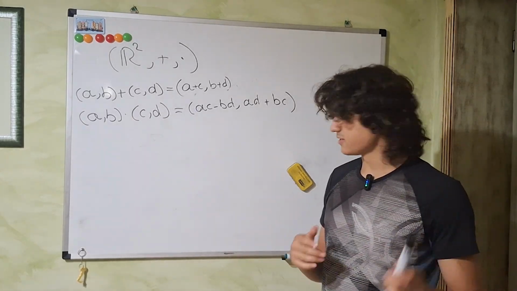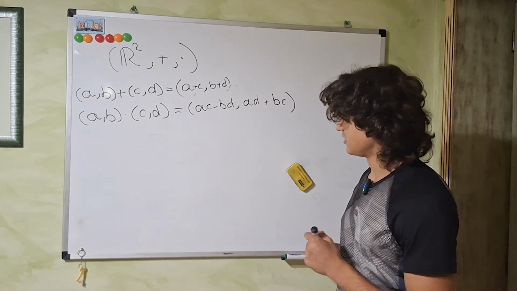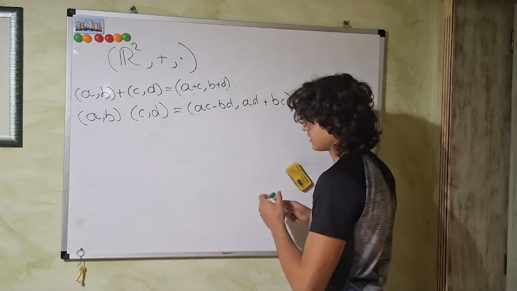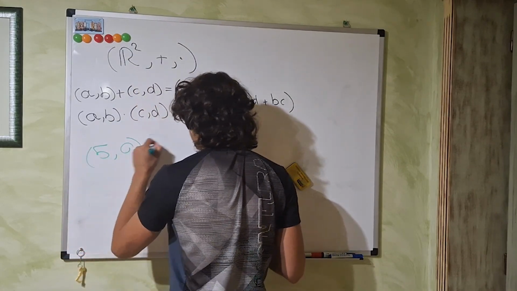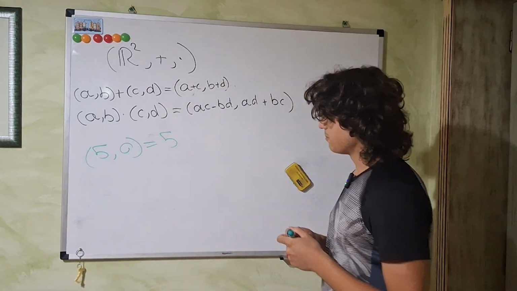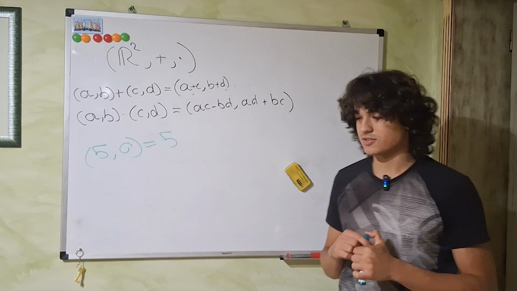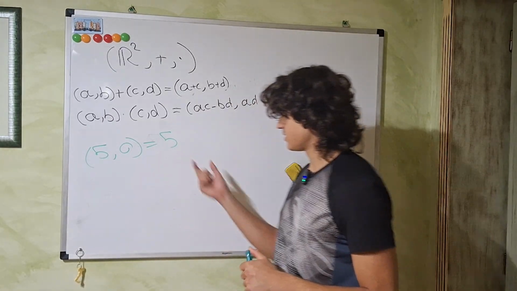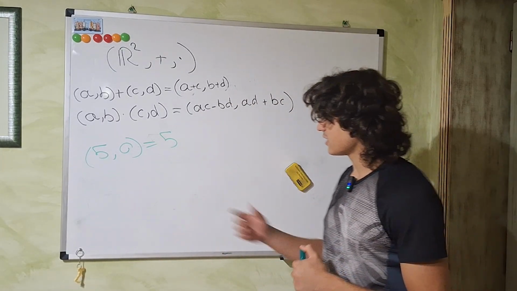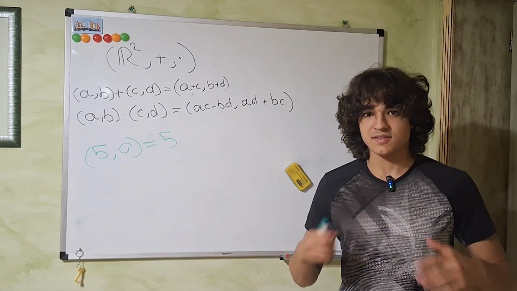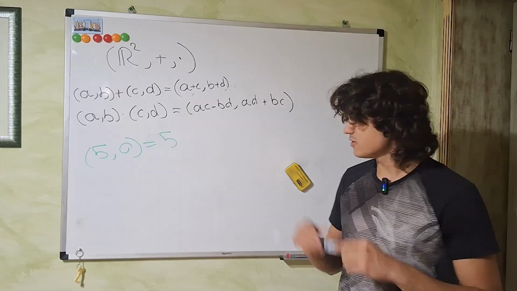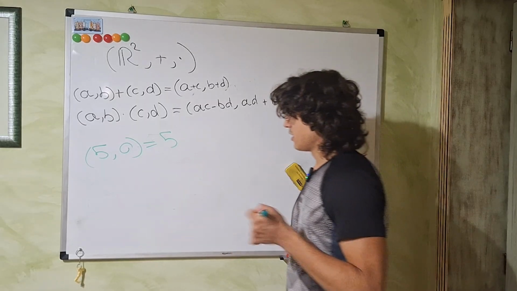Okay, my mobile turned off, but it's time to continue. So we were looking at (5, 0). Why is this equal to 5? Well, because there is a bijection between (5, 0) and 5, meaning that they share the same properties, and sharing the same properties, they are the same thing, with just different notation.